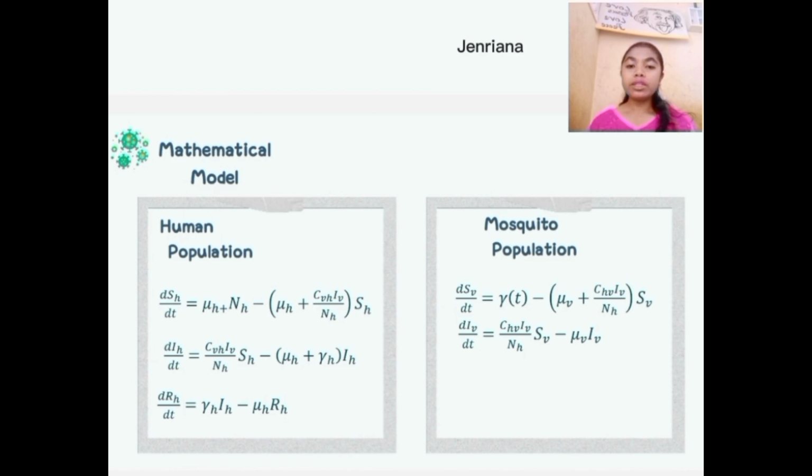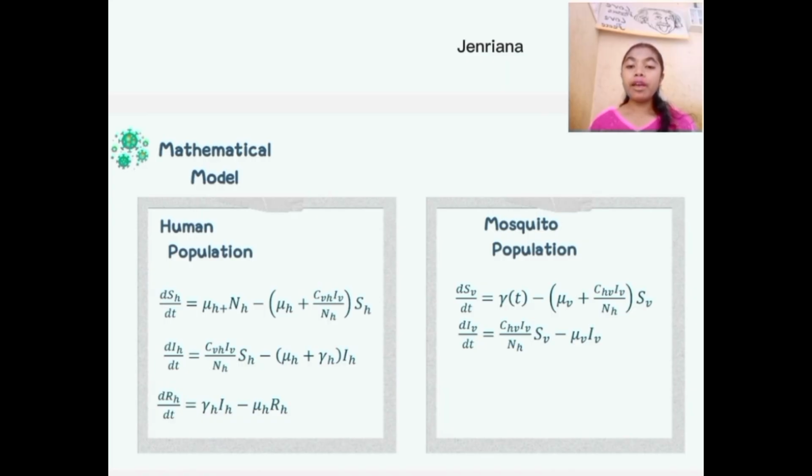Let's look at the equation for the human population. We have three equations here. The first one describes the change in the number of susceptible humans, the second one for infected humans, and the third one for humans who have recovered. This equation shows how people move from being susceptible to getting infected and finally recovering or passing away.